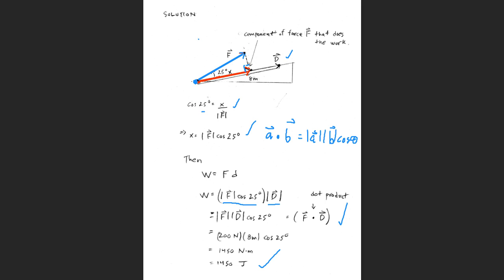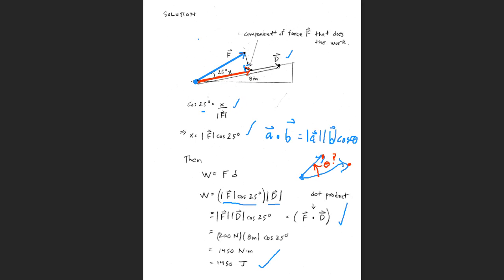But you could be given two vectors, and you might know the components of the vectors, but you might not know the angle theta.